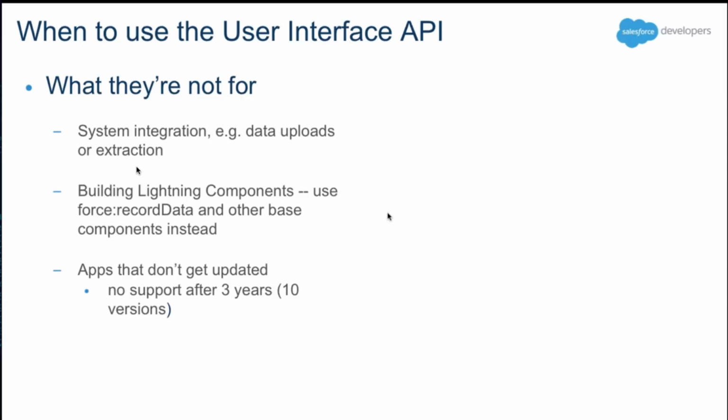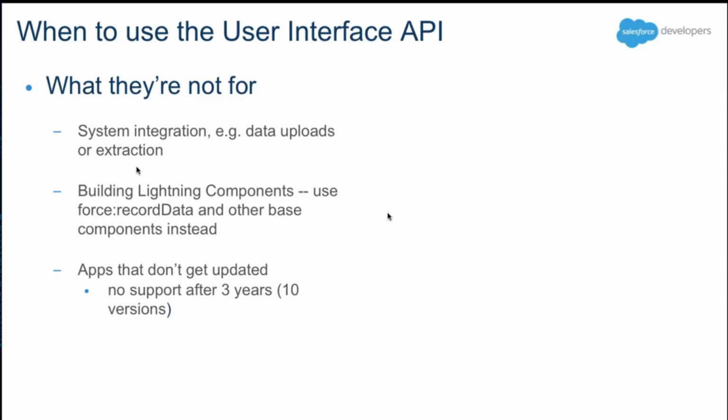And what that means is that when you're working with the User Interface API, you don't really have to worry about making REST calls and caching your results. Lightning Data Service actually does all of that stuff for you, such as caching and managing when to refresh the cache and update data and metadata. So it's just an easier way to build Lightning components, and we definitely recommend you doing that.